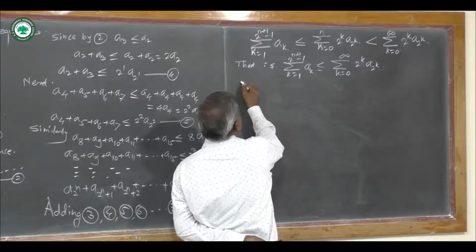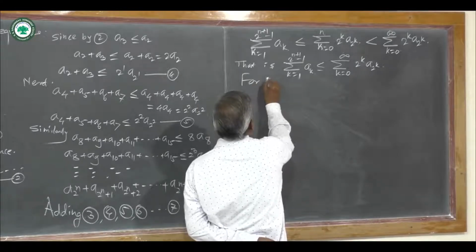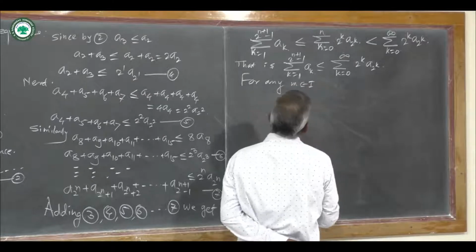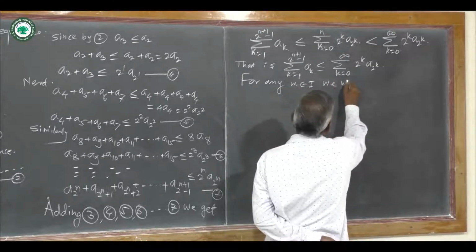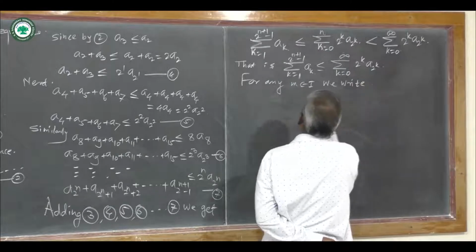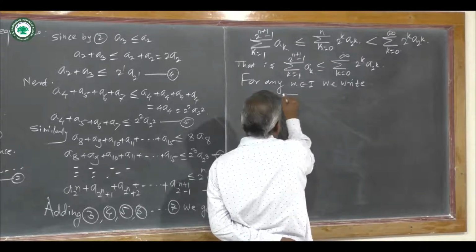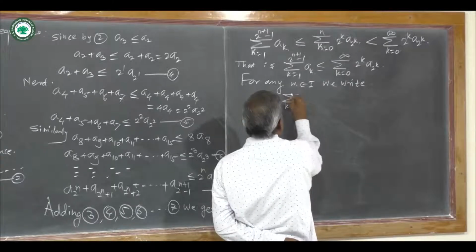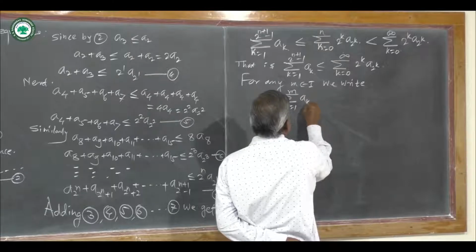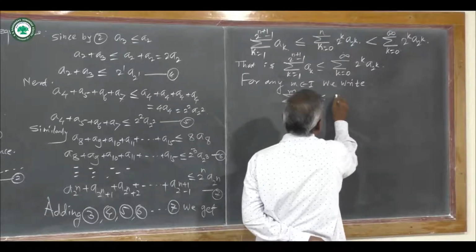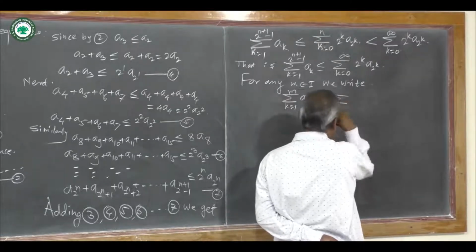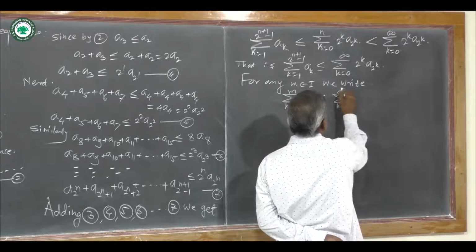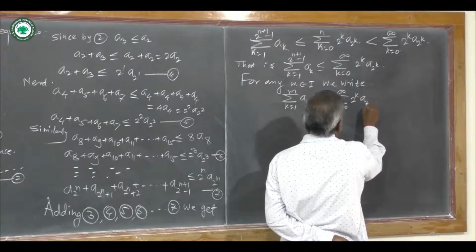For any m belongs to I, we write summation k is equal to 1 to m of ak is less than or equal to summation k is equal to 0 to infinity 2 raised to k into a suffix 2 raised to k.